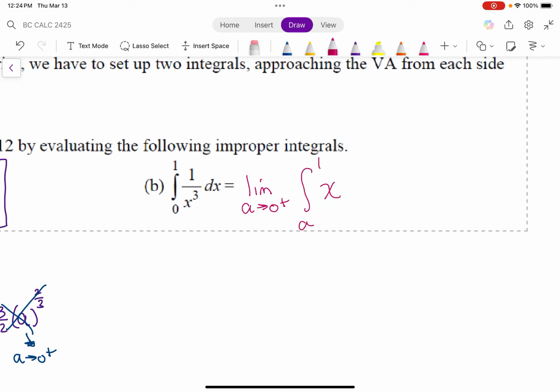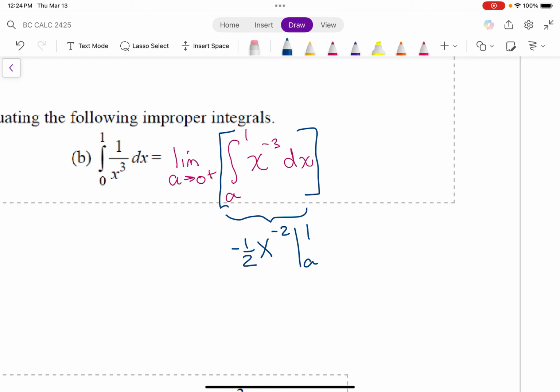Then we use the fundamental theorem to get an expression that doesn't have an integral involved. Add 1 to the exponent, you get negative 2, and then fix the constant, and then evaluate from a to 1.